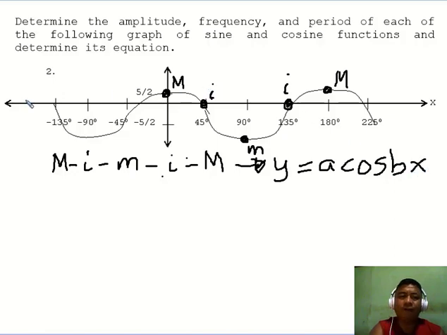So this given graph is actually the graph of a cosine function.